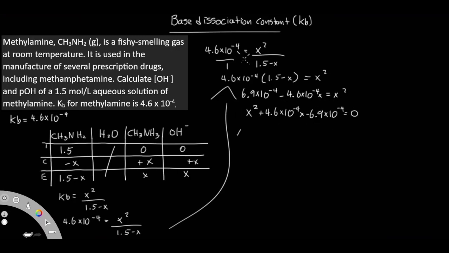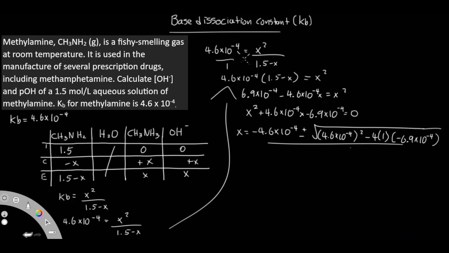Okay, so we have x is equal to minus b, plus or minus the radical, b squared minus 4ac, where a is going to be our 1 value here, c is going to be this value here. It's all going to be over 2 times 1, or 2a.